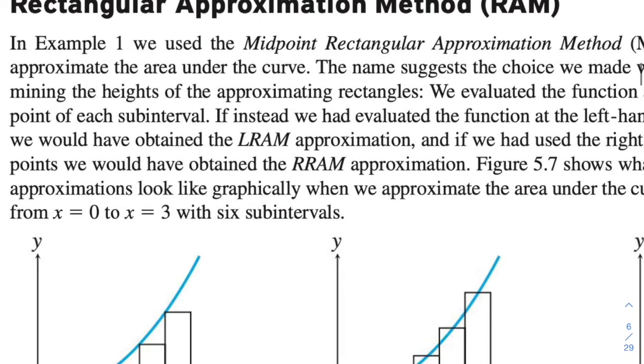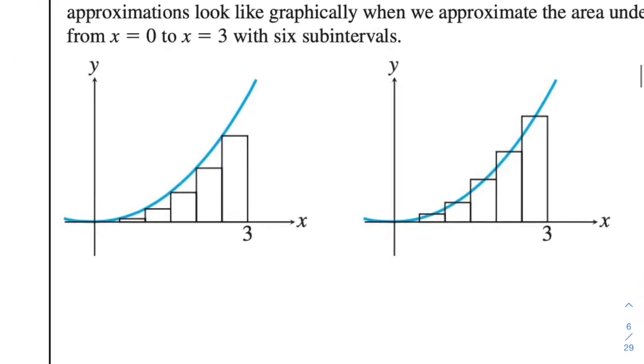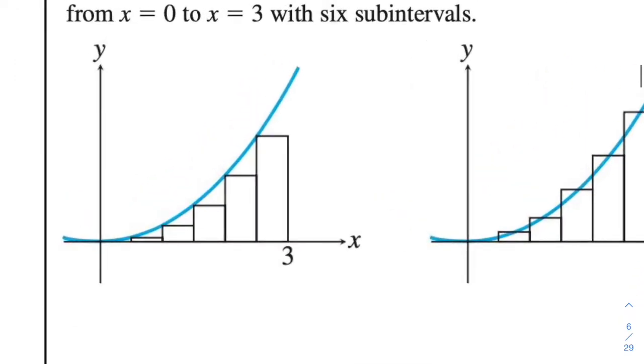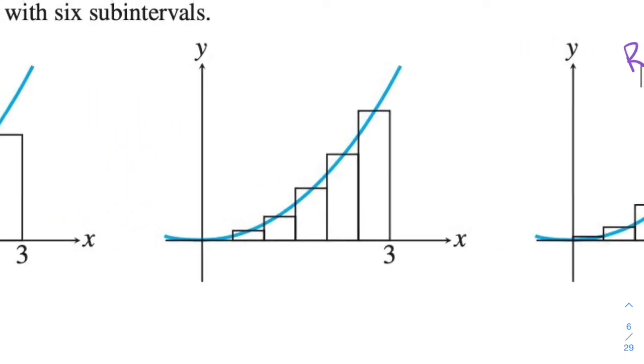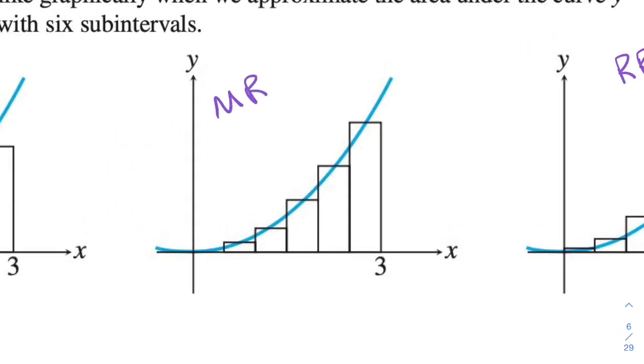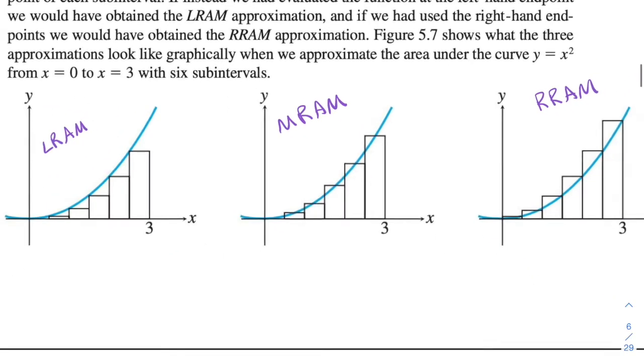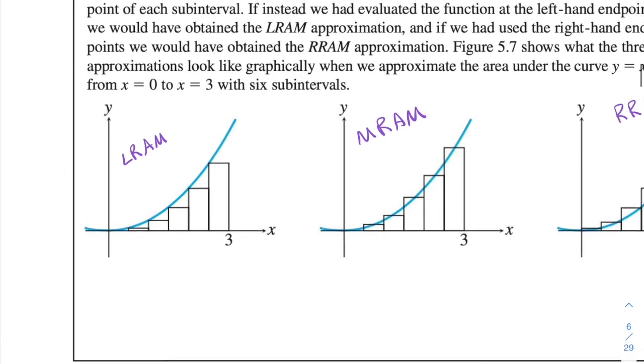We have 4 different kinds of them. One is what we call LRAM. One is what we call RRAM. One we call MRAM. And one of them you don't see yet, but we'll talk about it. Okay, let's focus on these 3 first.